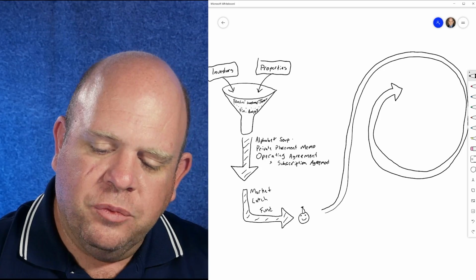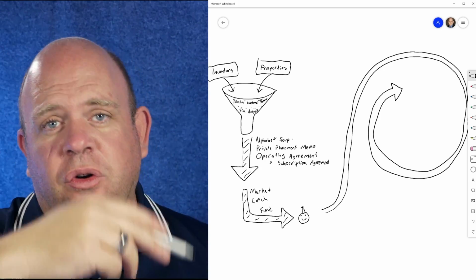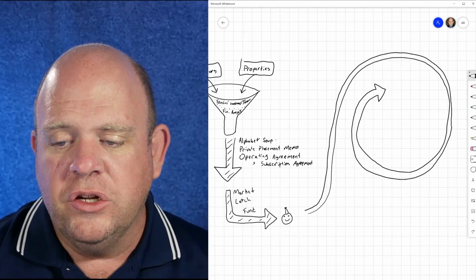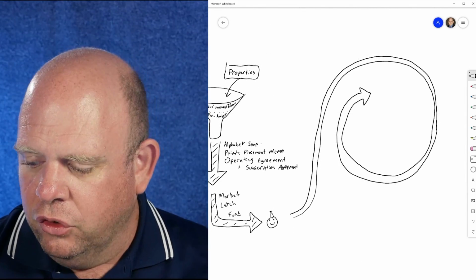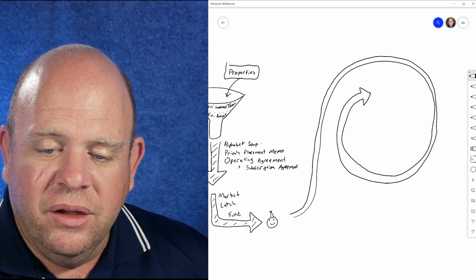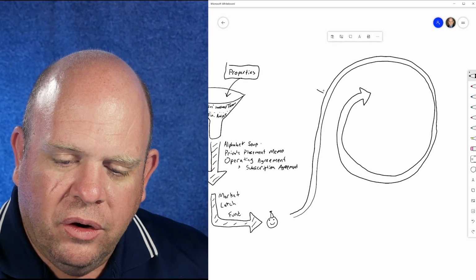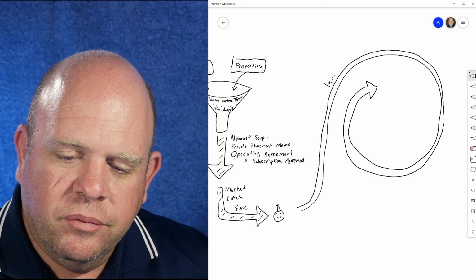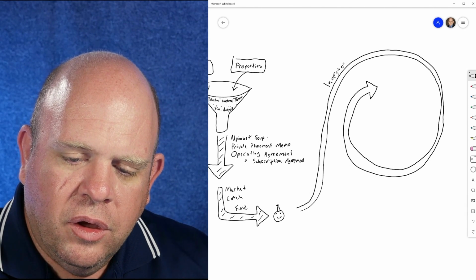And I draw it as a spiral because it's a circle process. It keeps going and going and going, for the duration of your hold time. So what we're doing there is investor communications.